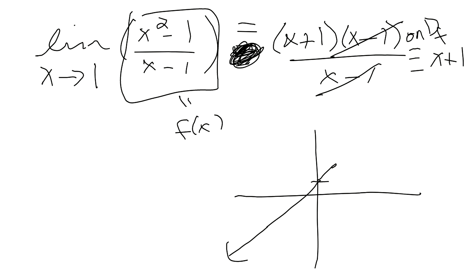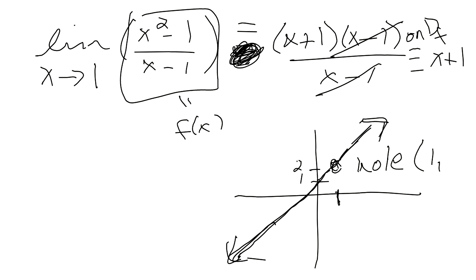for a while. So it has a y-intercept of 1, but when I get over to x equals 1, I actually have a hole at a height of 2. And so the graph is exactly the same as what I just had, a line with slope of 1, except it has a hole at the point (1, 2).